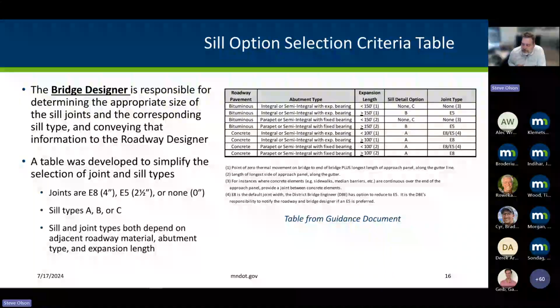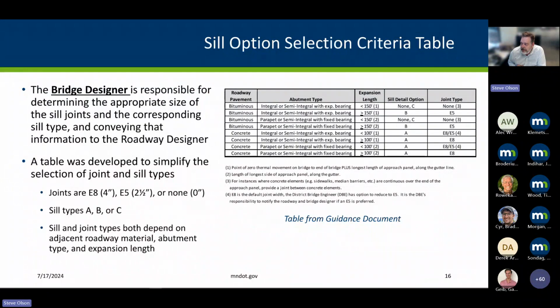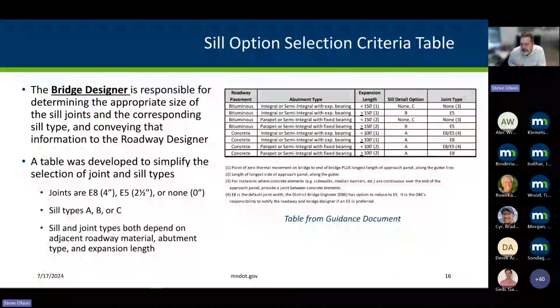We'll talk about what A, B, and C mean in a minute. Depending on your roadway pavement and the type of abutment, you may have a smaller or a bigger demand for movement at the end of your approach panel. This table is in the guidance document along with some narrative talking about how to use it.